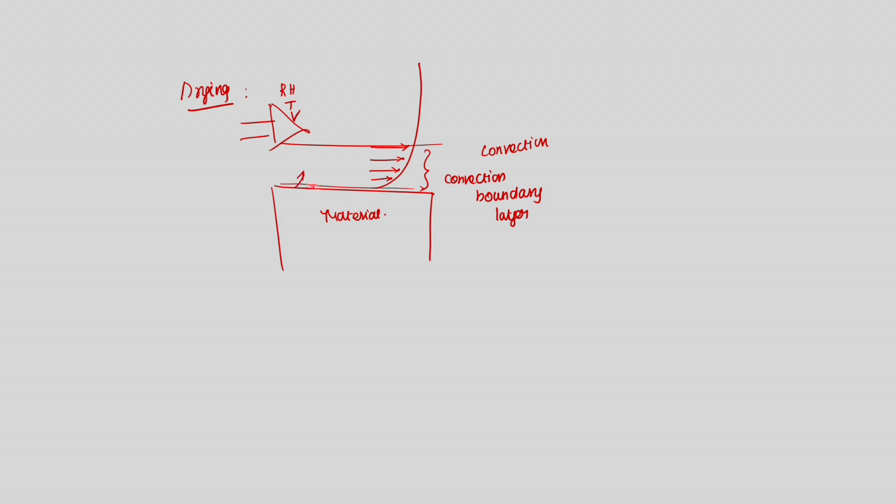Then the surface moisture of the food gets evaporated, which is an evaporation operation. When heat is applied on the surface of the food, it has to conduct through the food material if it is a solid. This process is conduction, and my moisture should diffuse from the internal side to the surface, which is diffusion of moisture.